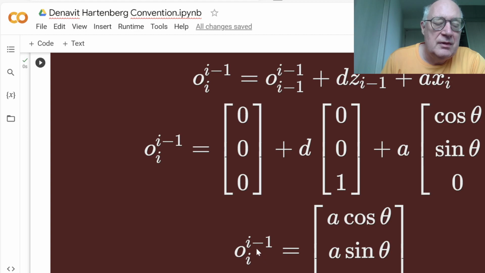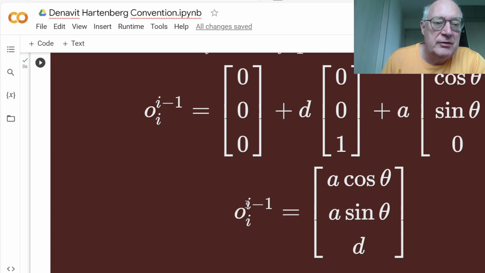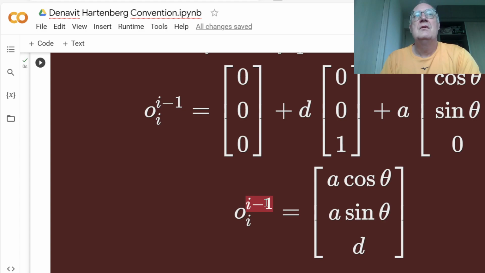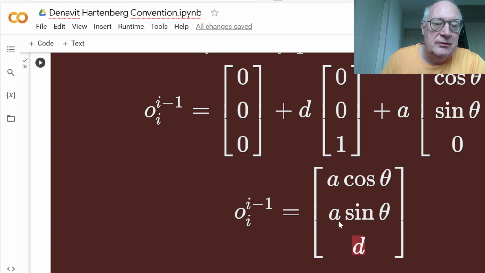So now we know we can represent the translation from coordinate system i-1 to i as a multiplied by the cosine theta and a multiplied by the sine theta, and then we have a displacement along z by d. So now we have two more unknowns that we introduced in our convention here.